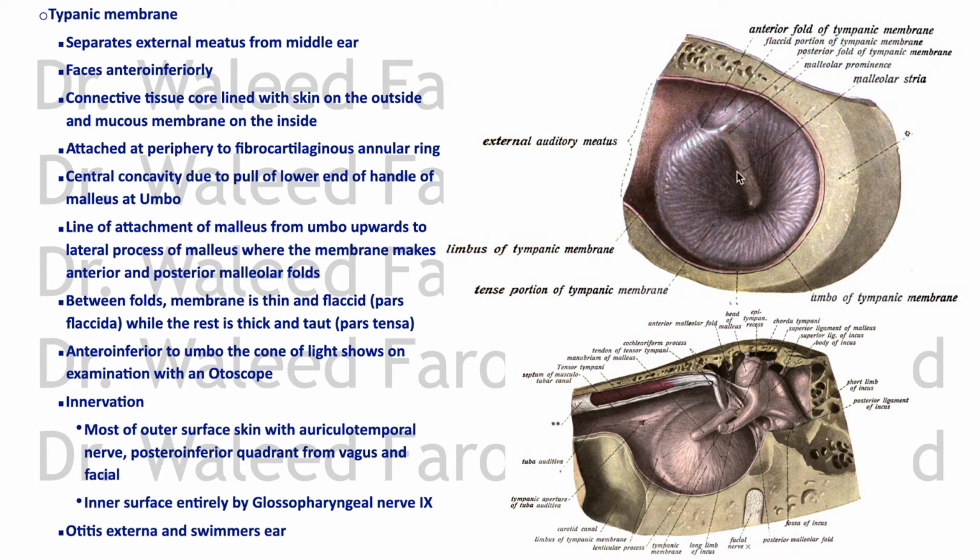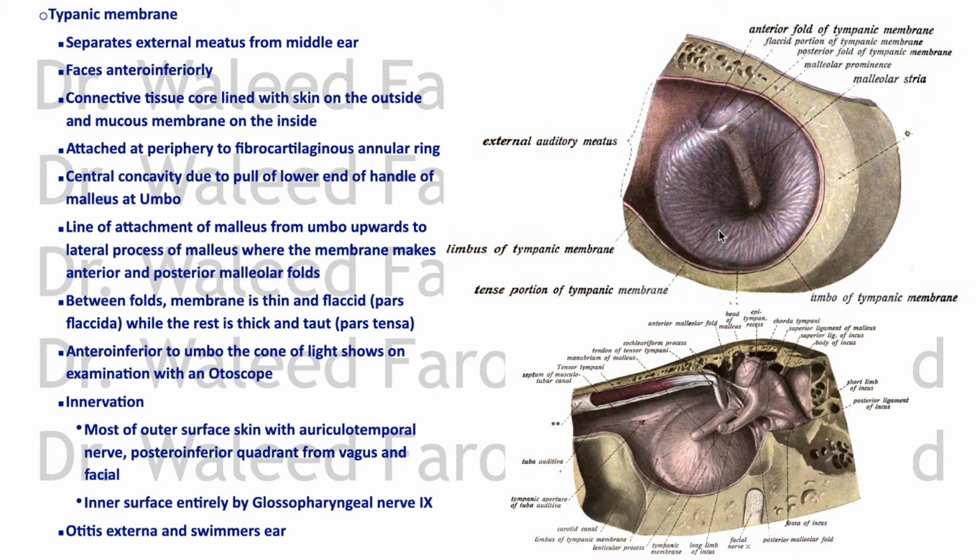Because of this arrangement and the handle of the malleus pulling on the membrane, when you examine with an otoscope, you will see a cone of light anteroinferiorly, in this direction. The cone of light is of significance for ENT specialists, since changes in the cone of light reflect what's happening, especially in the middle ear behind the membrane, like otitis media, for example.